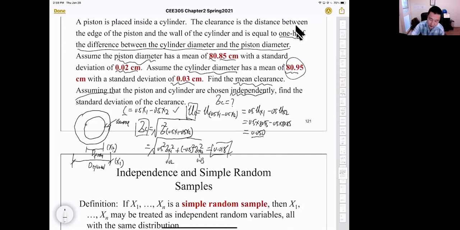So mu c is equal to 0.05. And standard deviation is called sigma. You will become more familiar with this. Mu is the mean value, sigma is standard deviation, variance is sigma squared. For samples, variance is S squared.